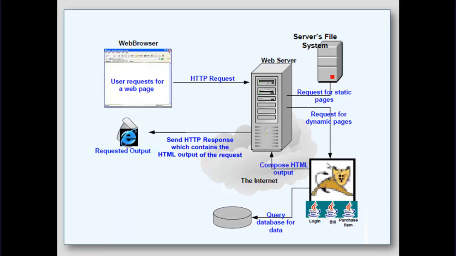Well, the web container in this case will be our Apache Tomcat server that we have configured in our previous video tutorial. So the server will hit the database and get the result, and then will come up with the response, and this response will be converted into HTML output, and then it will be served back to the requester, means to the user.